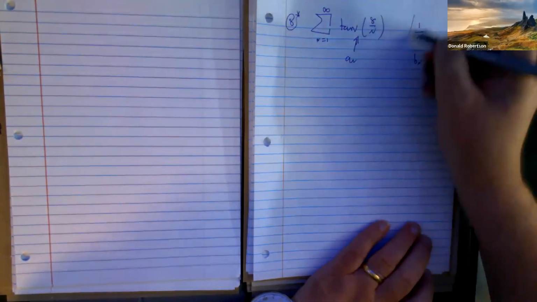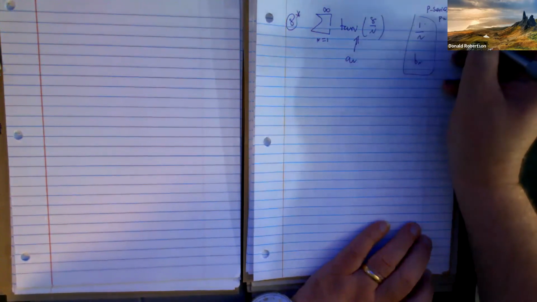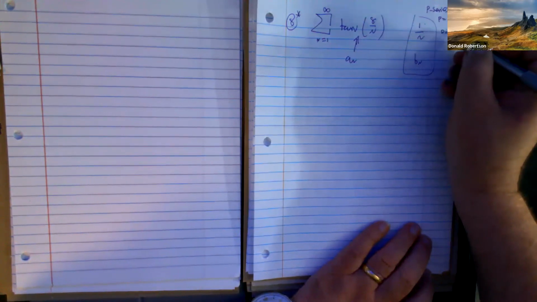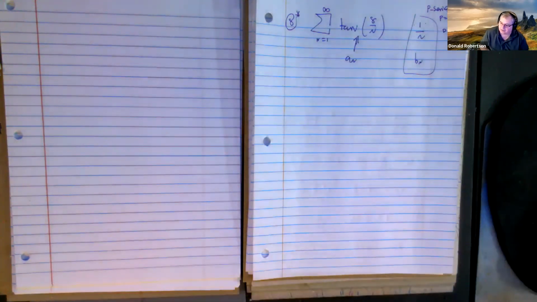Right. Would you agree that that is a p-series? That is p equals 1 and it's greater than or equal to 1, so that makes it diverge. So if I can prove that the ratio of these two is a number, right? It doesn't need to be any particular number, except don't be 0 and don't be infinity. That's the only issue, right?